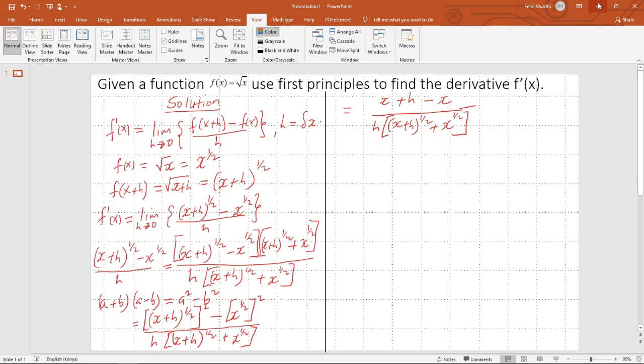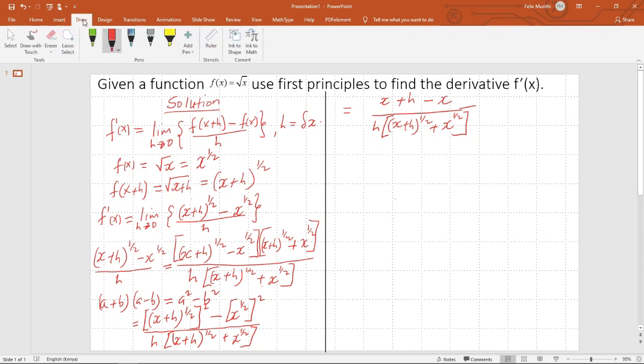In the numerator, this x is positive and this x is negative, so they will cancel. Then we'll be left with h, and therefore this h will also cancel with this h.